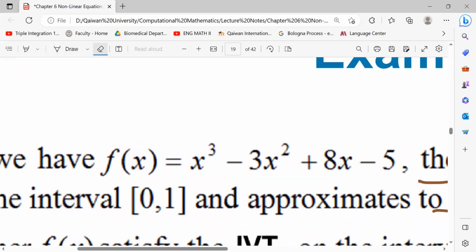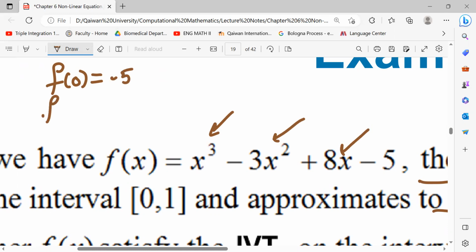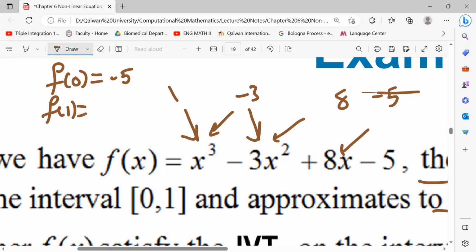Look, let's find f of 0 and f of 1. F of 0 is negative 5. How about f of 1? This becomes 1, minus 3, 8, negative 5. These cancel out, you get 1. It's positive.